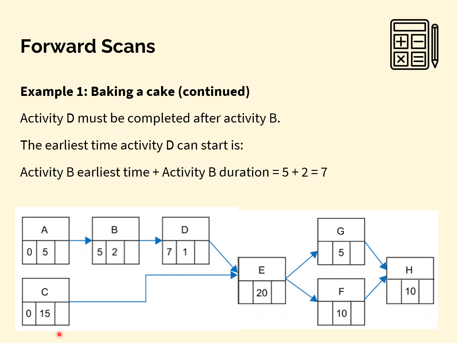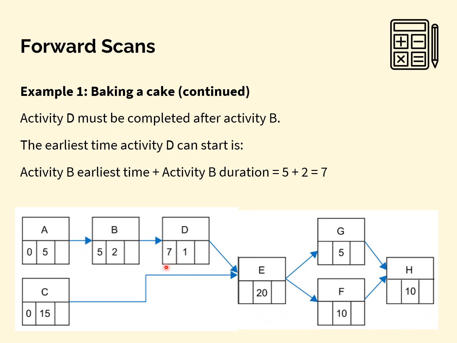Now, activity C, let's fill this part in. Activity C has an early start time of 0. Oh no, we've already done activity C actually. So let's look at activity E. Activity E has 2 preceding activities, D and C. Right? And what we need to do is take the maximum of the sum of the early start time and duration.